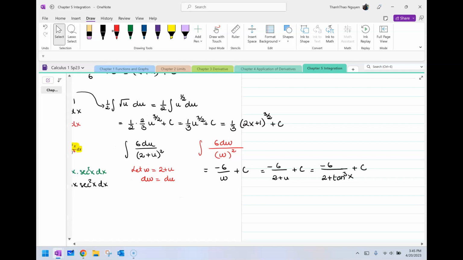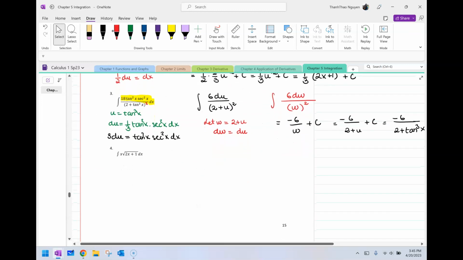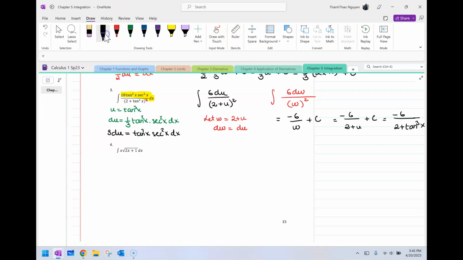All right. Let's take a look at the next problem. So how do we solve this? Let's start by letting u equal 2x plus 1. du equals 2 dx.